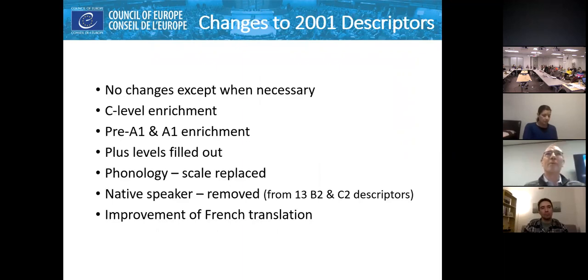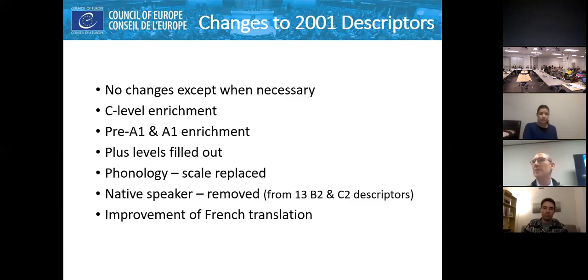The top and the bottom have been enriched a lot, and also what are called the plus levels, because you have a sort of B1 and B1 plus, B2, B2 plus. The pluses have been elaborated a little bit, all on the basis of work done in other projects that have used a similar methodology to the methodology which we're going to discuss.